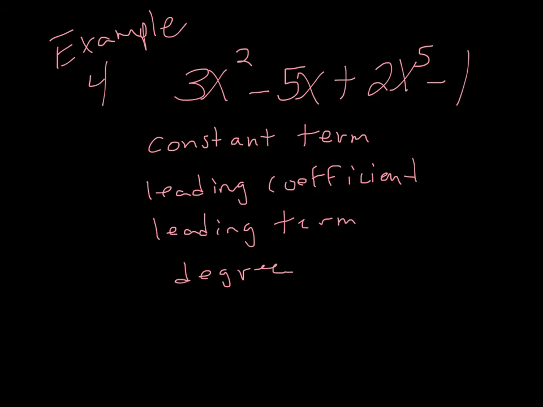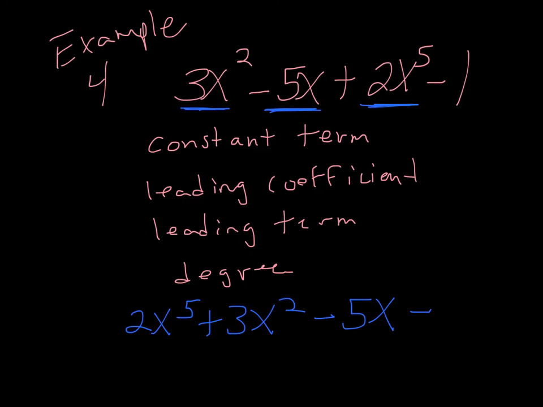So what I need to do is rewrite this so that the highest power comes first. So my highest power is 2x to the fifth, and then the next highest power is 3x squared, and then the next power of x is x to the 1, minus 5x, and then subtract 1.